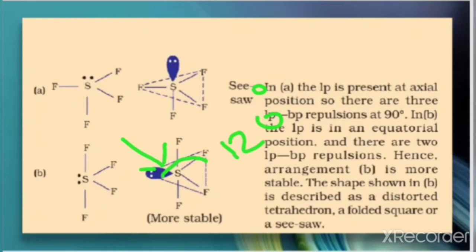That is the shape for this molecule. This shape is called seesaw, because it looks like a seesaw. This is the most stable form, the structure or the shape for this molecule.